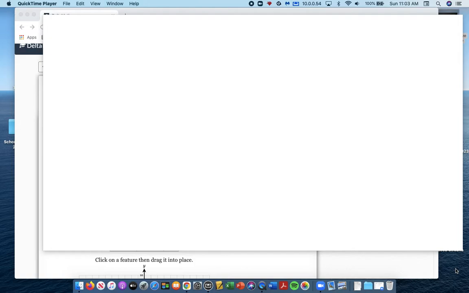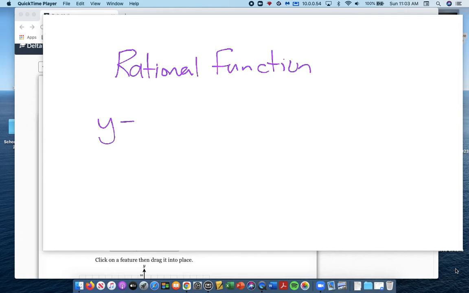I'm going to talk about rational functions. The way we're going to define them is where you have y equals or f of x equals a polynomial on top and a polynomial on the bottom.